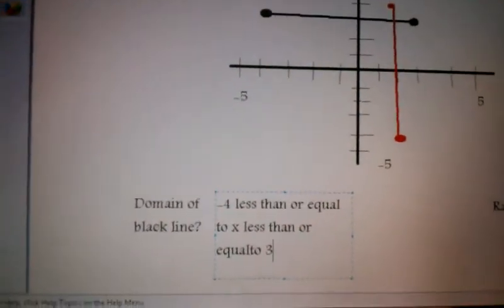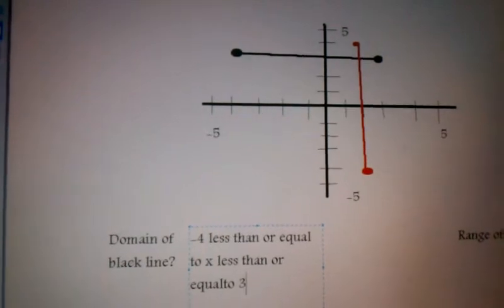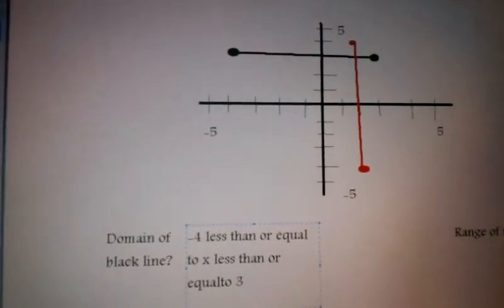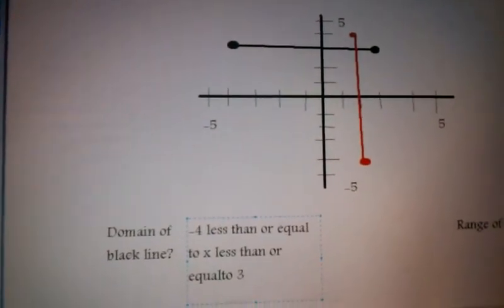Therefore, the domain of the black line is -4 is less than or equal to x, which is less than or equal to 3.